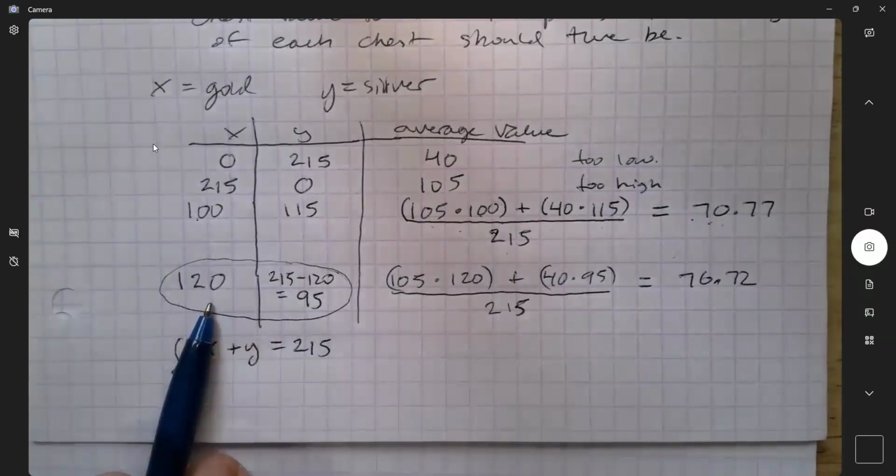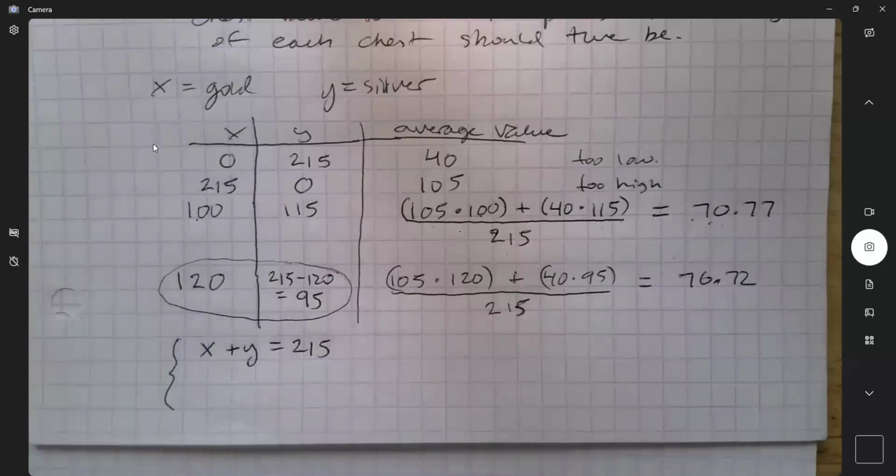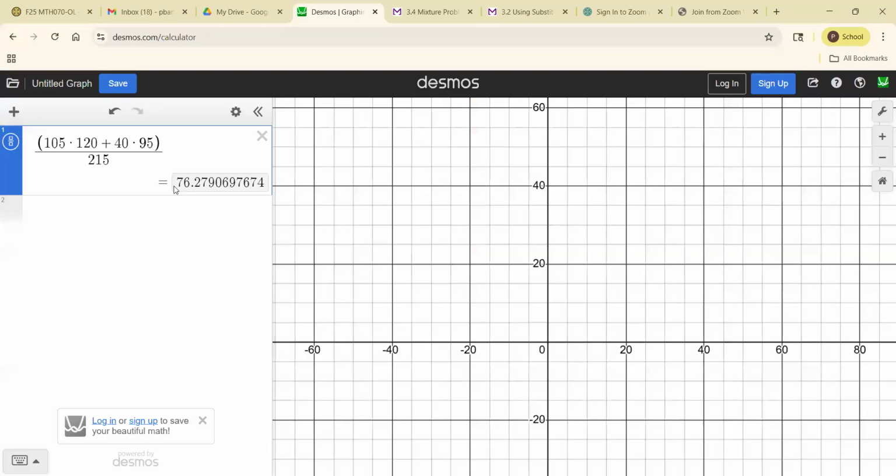And in Desmos, that's not that hard, actually, or in any calculator, that would be possible without too much extra work. So here we are in Desmos, and I'll share my screen with you at this point. Here's a calculation I did to get to 76. Actually, that was 76.27, not 76.72. A little typo there. And that's still a little low. So let me go up to 125 and 90, because the 125 plus 90 still has to equal 215.